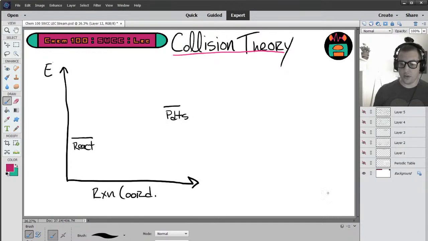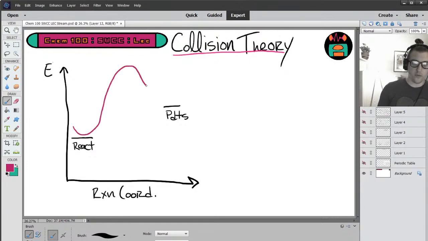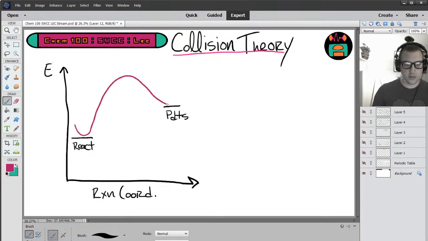Now, for the actual reaction coordinates, we know we have to overcome our energy of activation, as always, right? And we know that the energy of activation is the distance between the collision and the energy level of your reactants. All right, so there's the barrier of activation.